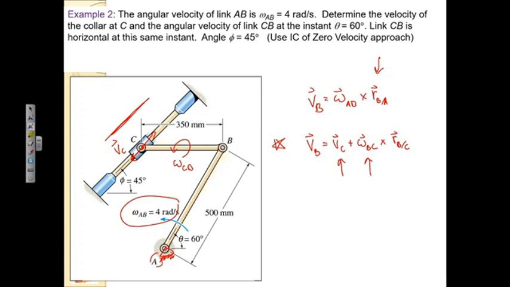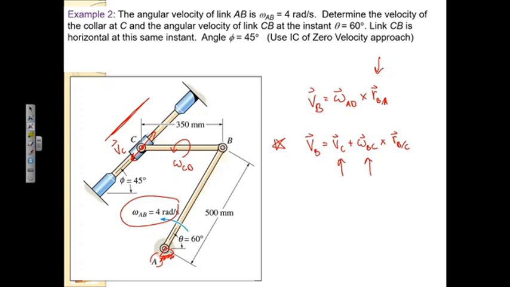So my velocity of B this way, velocity of B is omega AB in the K, which we've got as 4 radians per second, crossed with my vector from A to B, that's 500 millimeters, or 0.5 meters, times its x and y components.